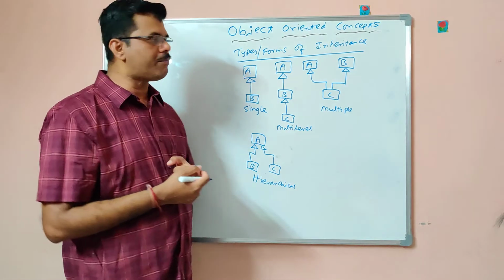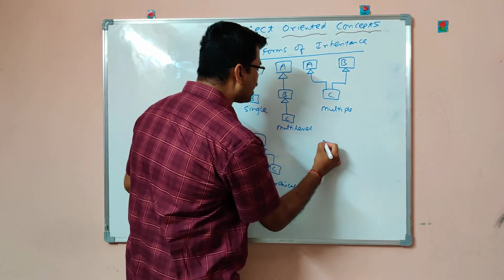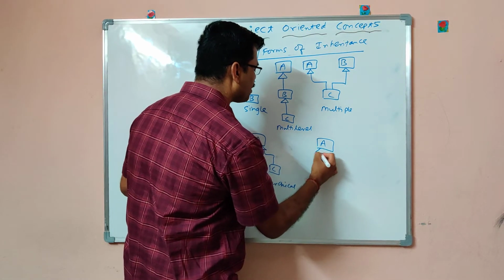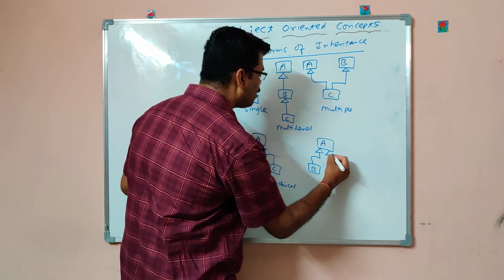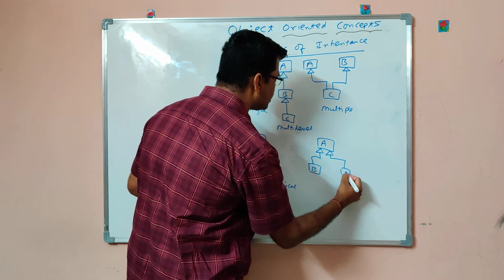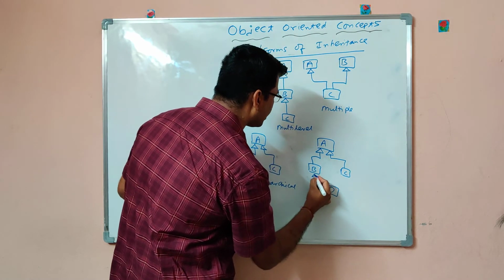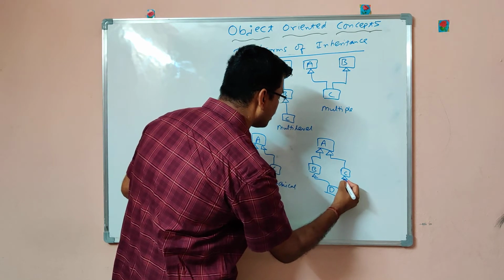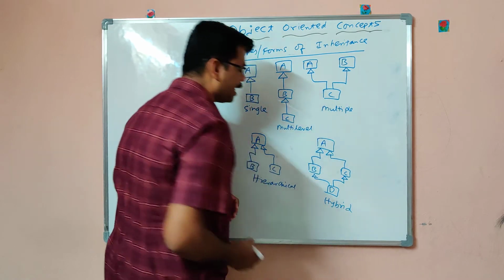We are having one more type of inheritance which is a combination of all these types. For example, if you consider class A, and using class A we are going to create one more new class B. Using class A we are going to create a class C, and using B and C we are going to create a new class D. And this type of inheritance, we call it as hybrid inheritance.